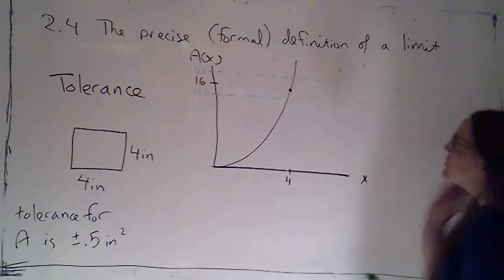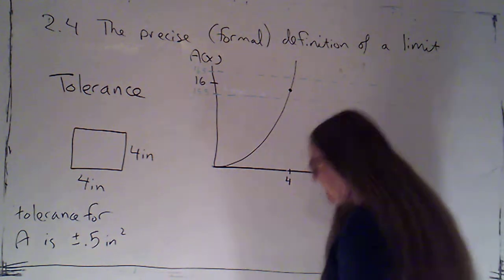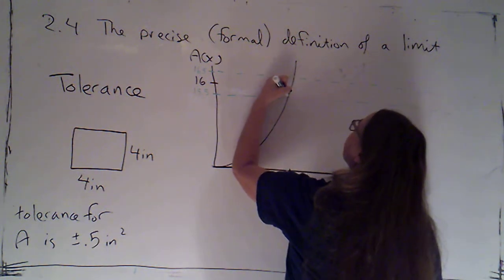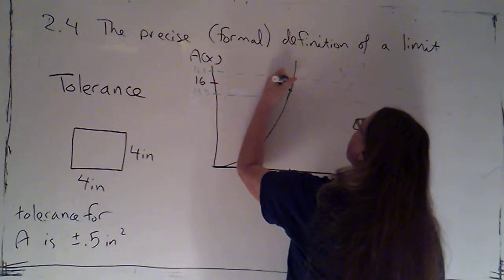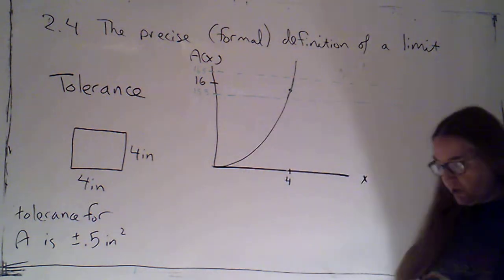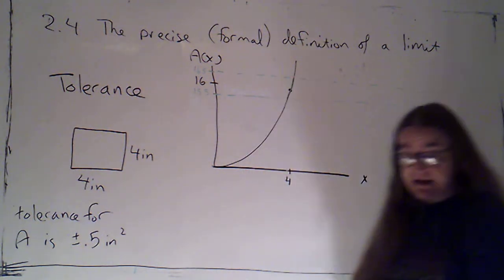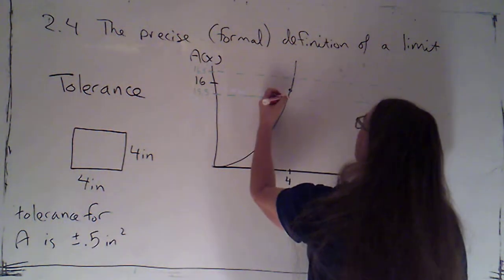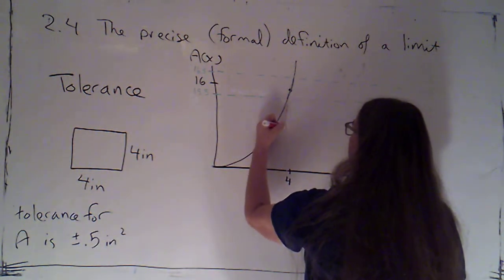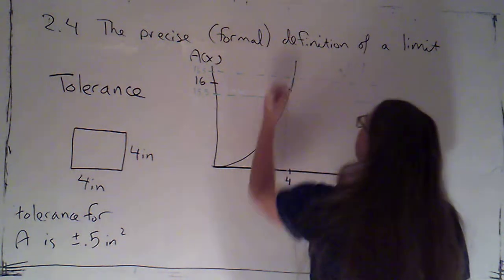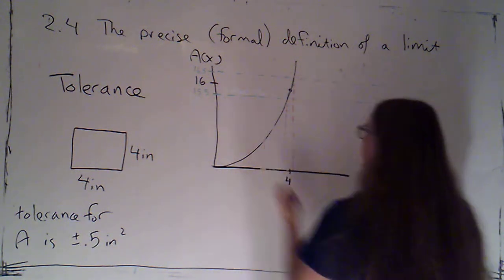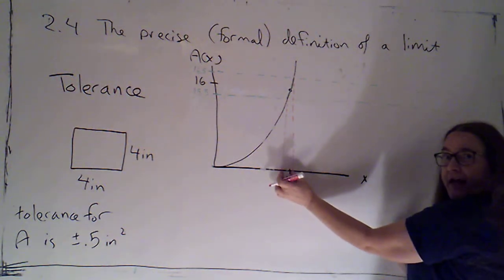So what I'm going to do is, I can see that this section of graph right here is the section that's within the region that I want to be in. So I'm going to just follow these endpoints down and see if I can figure out what those x values are.